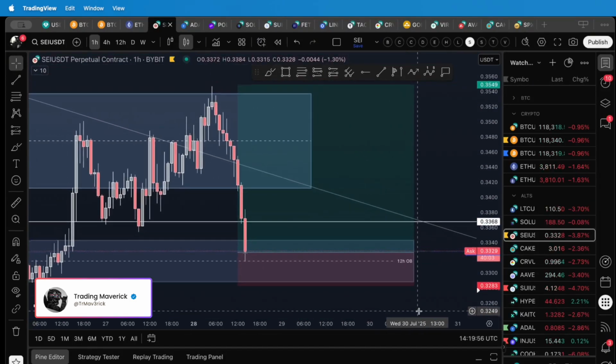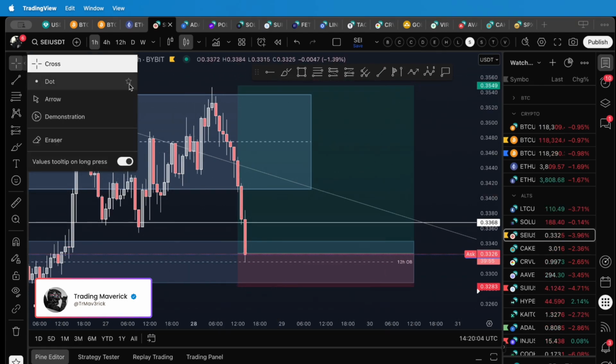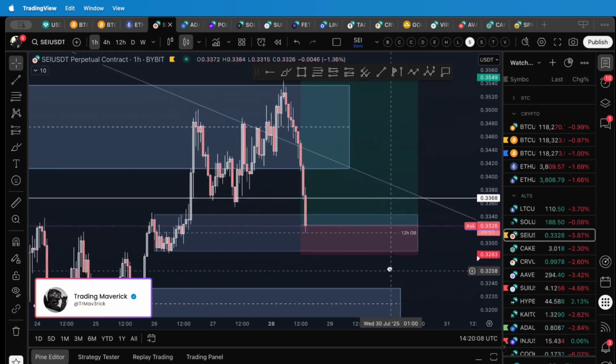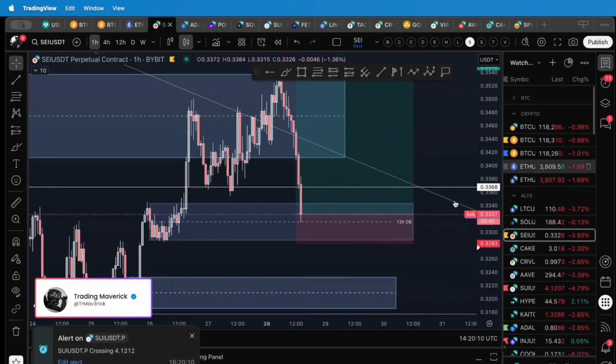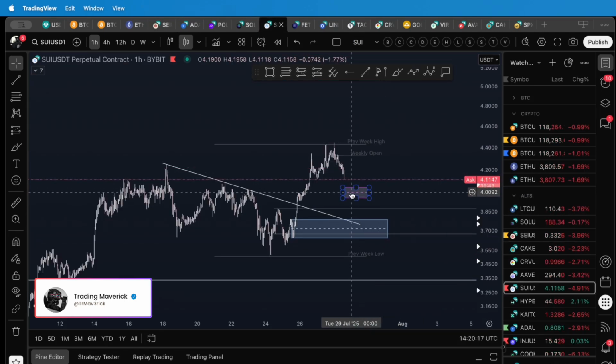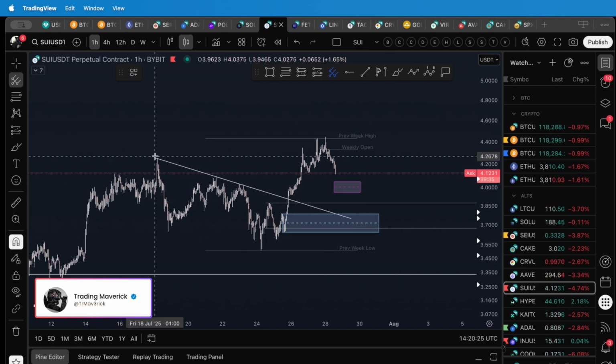You could actually target here, what's that, 35 cents, something like that, if we get a nice bounce, which looks a little bit scary at the moment. And Sui is also coming back, so this would be ideal long box, but right now I'm honestly not too sure.